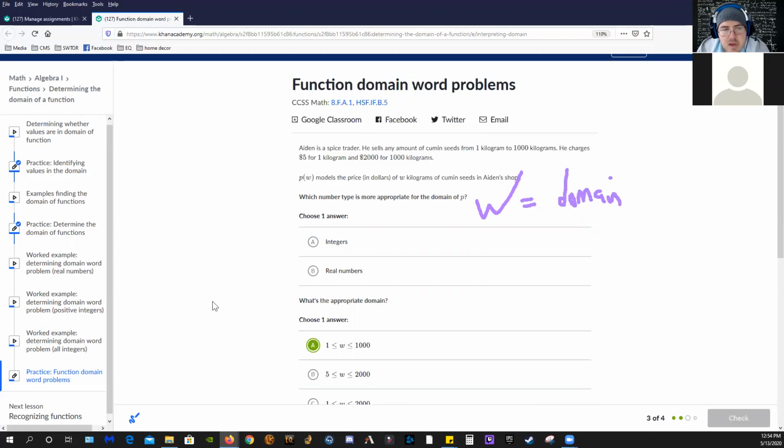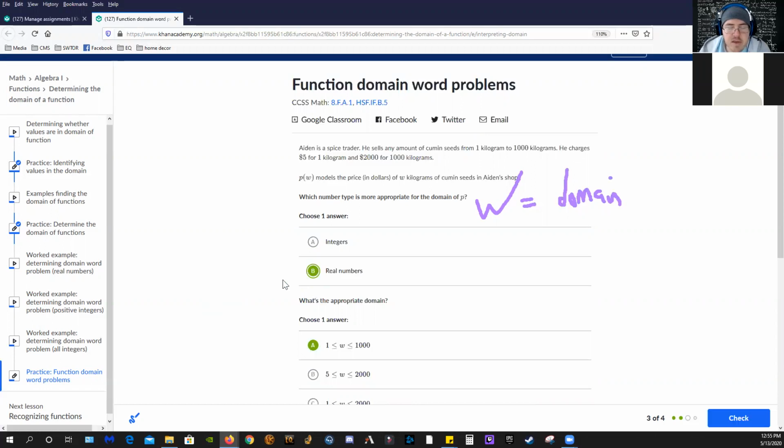So the question is, would Aiden here sell 576.5 kilograms? Like, would he go that specific, or does he only sell it in 1 kilogram, 2 kilogram, 10 kilogram amounts? I'm going to go with real numbers.